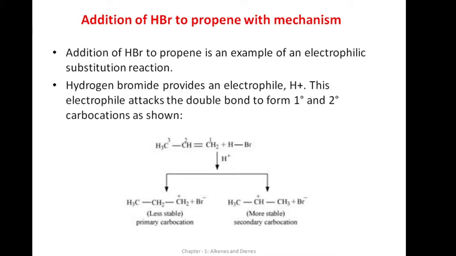We know while we discussed stability of carbocations, tertiary carbocations are more stable than secondary and secondary are more stable than primary. Here we have secondary and primary carbocations. Here the secondary carbocation is more stable than primary. Hence this will be formed in major quantity.